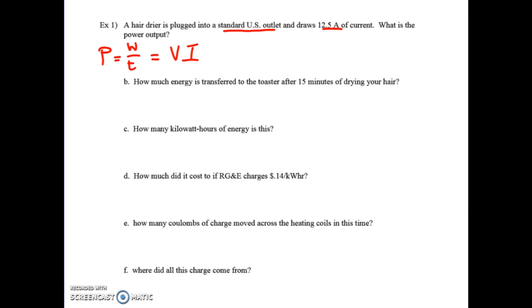We're given that I is 12.5 amps. Well, where is the voltage? That's where the standard US outlet comes into play. Something you want to remember is that voltage is 120 volts. So now we can easily plug it in: 120 volts times 12.5 amperes. Pretty straightforward.